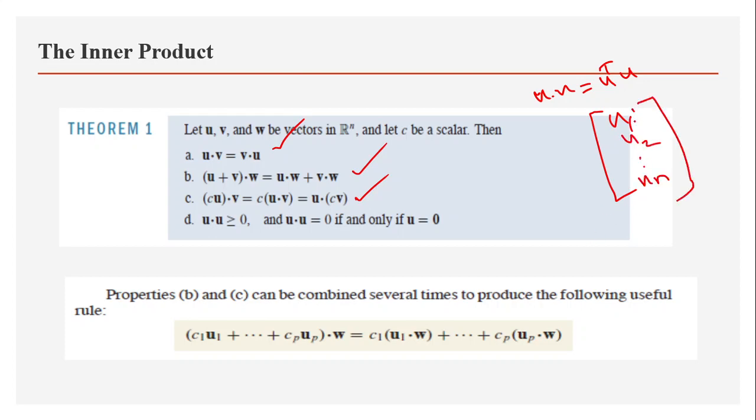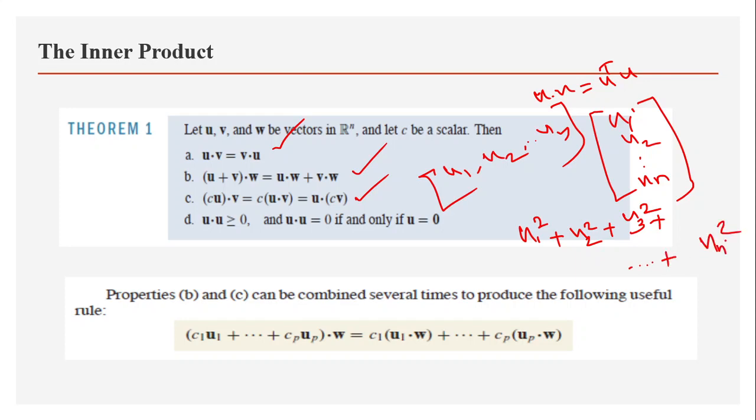If you multiply, you get the row-column, element-wise product and sum: u1 square plus u2 square plus u3 square plus etc. plus un square, where u1, u2, u3 are real numbers, so you will get a real number c belonging to the set of all real numbers.